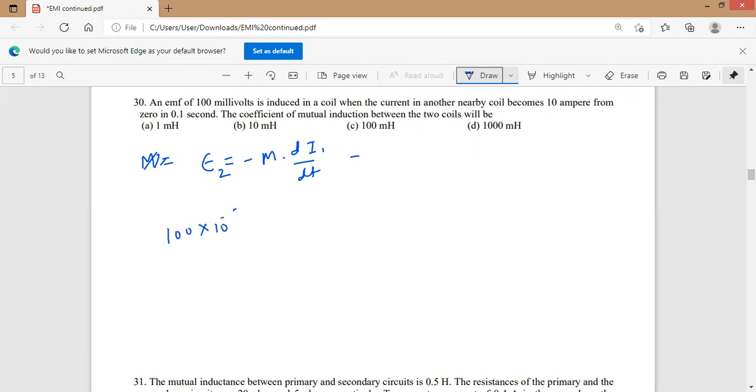So 100 into 10 to the power minus 3 is equal to minus M into the change in current. Initially I1 is 0 ampere and finally I1 dash is 10 ampere, so it is 10 minus 0 divided by the time, 0.1 second.